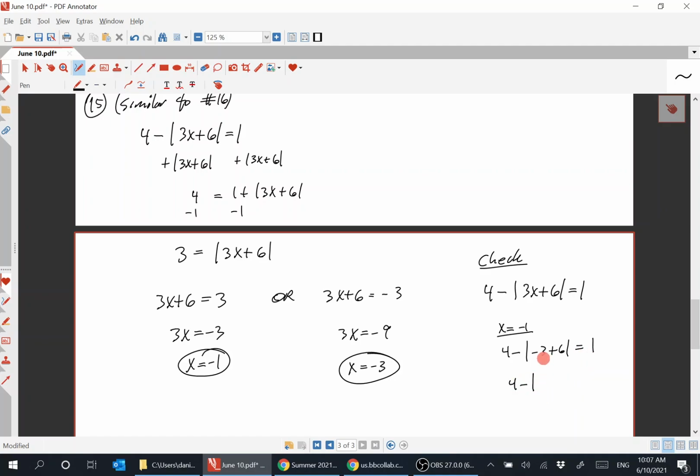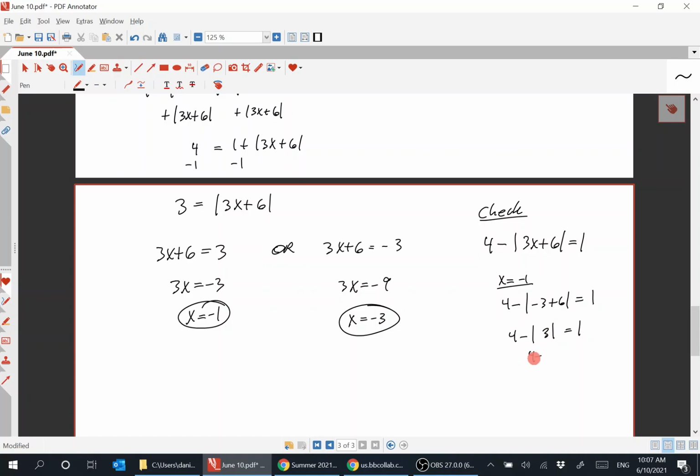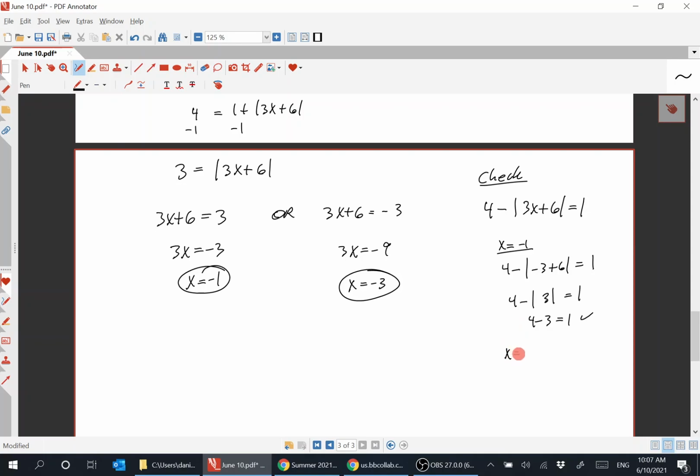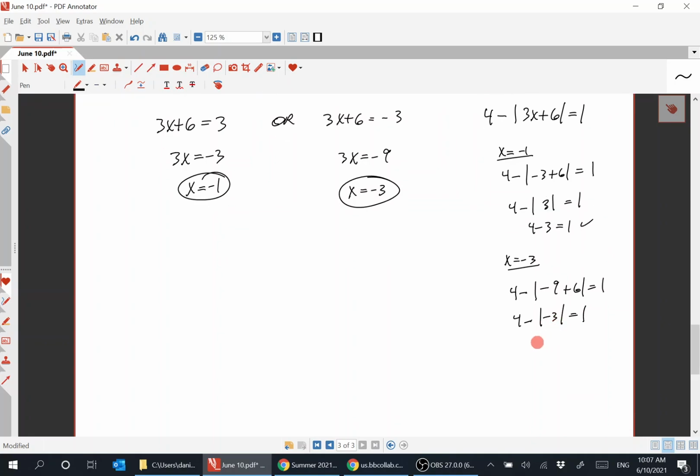So 4 minus the absolute value of 3 equals 1. Absolute value of 3 is 3. So that checks out. And then the other one was x equal to minus 3. So 4 minus the absolute value of minus 9 plus 6, which is minus 3. Absolute value of minus 3 is 3. So that checks out as well.